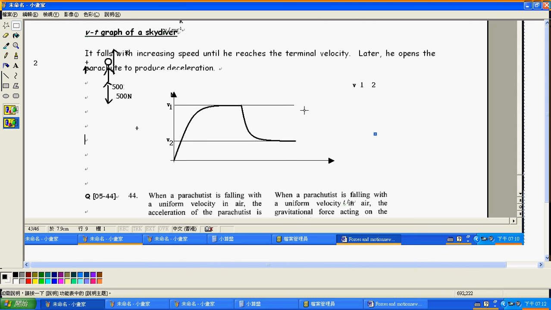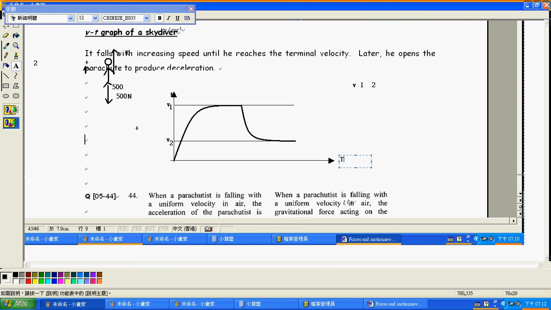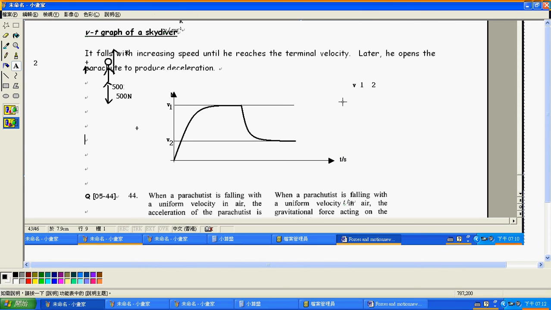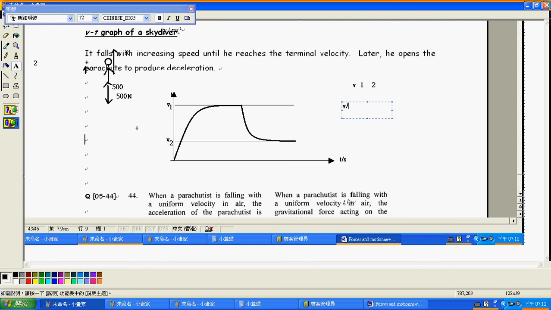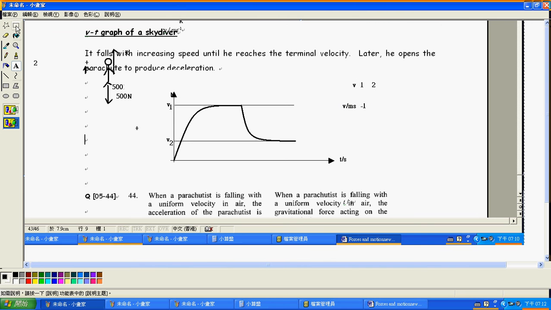So let's put down, this is the t in seconds, and this is the v in meters per second. So this is the VT graph of a parachute.